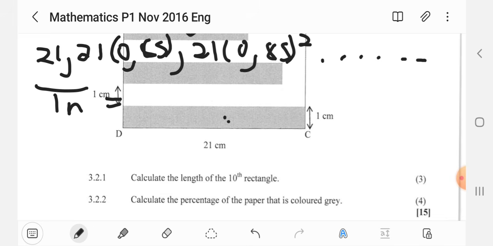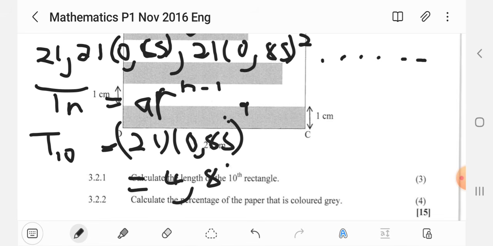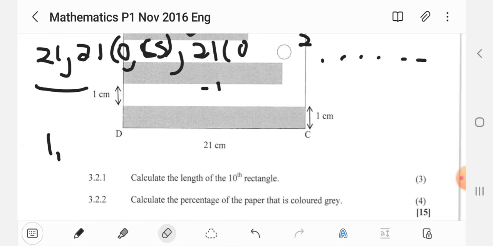Because we are multiplying to get the next one, obviously that is a geometric sequence. So T10 equals a, which is 21, times the common ratio 0.85 to the power 10 minus 1, and that is 9. You put this in the calculator, and it is 4.86 centimeters. So we've just done 3.2.1, how to calculate the nth term.